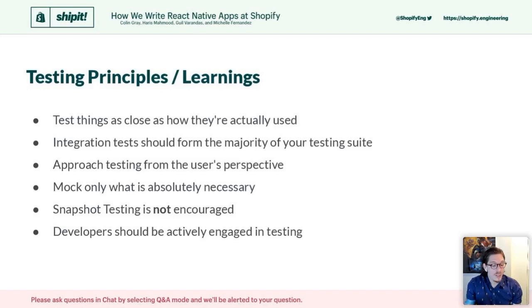So they'll end up becoming just white noise. People will stop paying attention to them, and they'll just not provide value anymore. As an alternative, we actually use Storybook to document our components and trust that we have enough people interacting with them to detect any significant regressions. Colin will touch a little bit more on Storybook later.